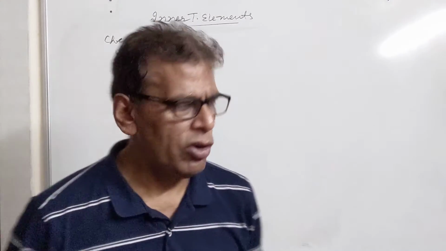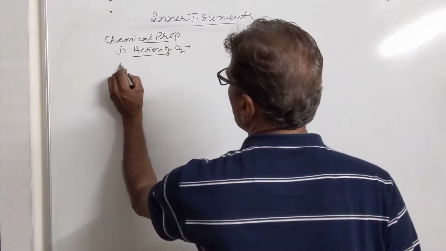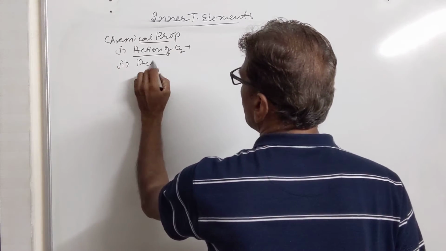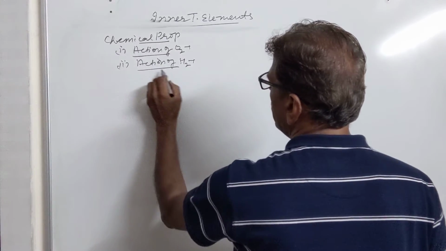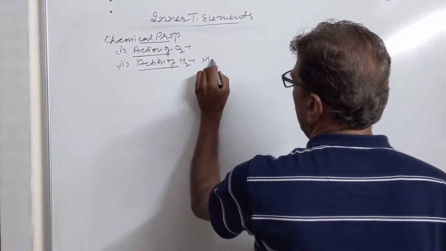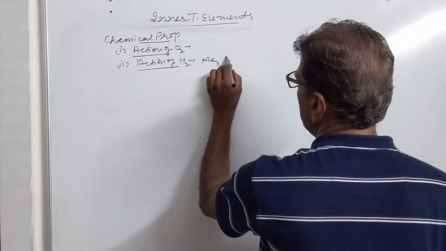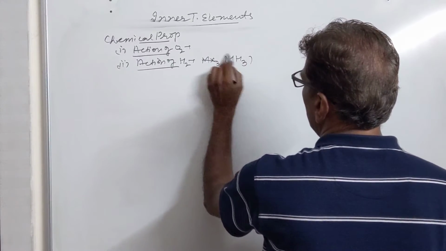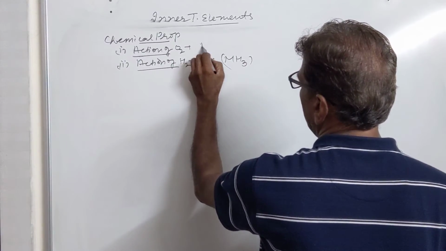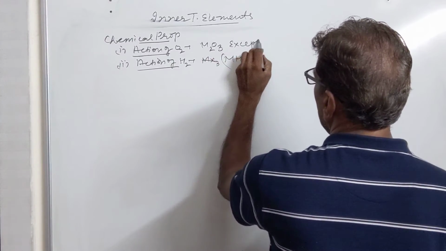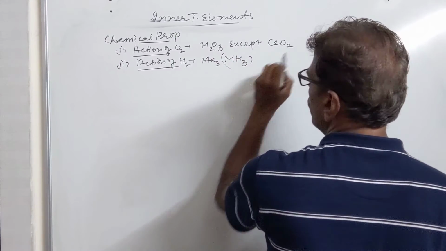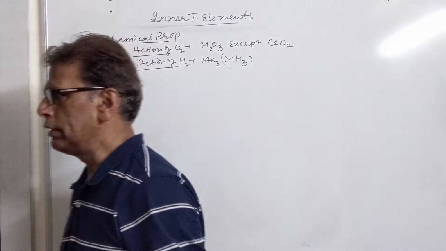Then we have action of hydrogen. They react with hydrogen and form MH3 type of hydrides. Oxides are of type M2O3 except cerium, which forms CeO2 type of oxides.